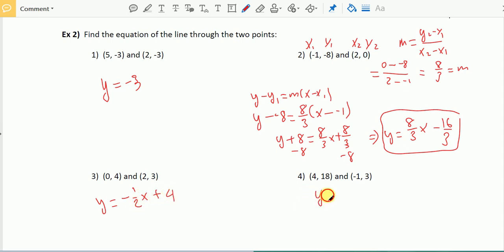This is y equals 3x plus 6. So try this on your own, and we can go over it together if you still have the wrong answer when we are back to the class.